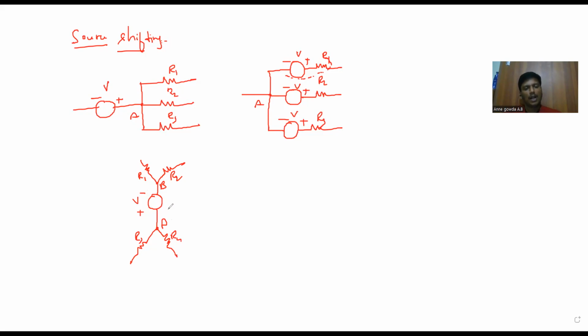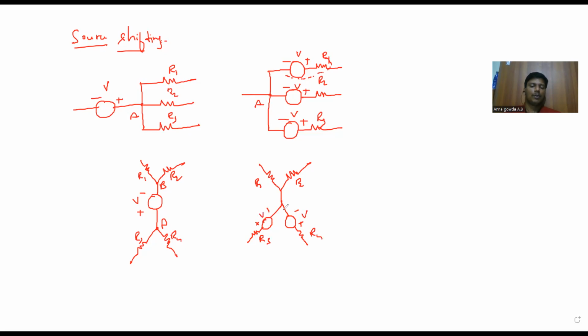So what I can do is push this voltage source V towards node A, such that it is in series with R3, R4.